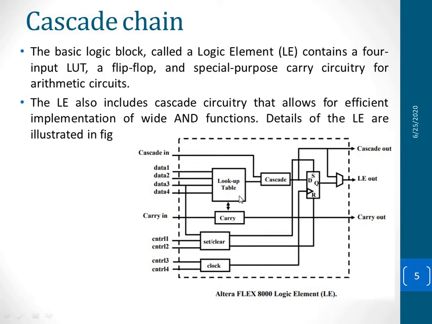This lookup table along with the flip-flop will make up the logic element. Here you can see LE out, that is the logic element, the cascade in and cascade out, and whatever carry in we give is given to the lookup table, and carry out also is taken. This is the simple logic element of the Altera Flex 8000 family.